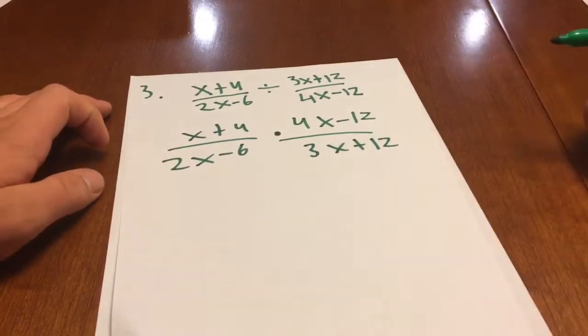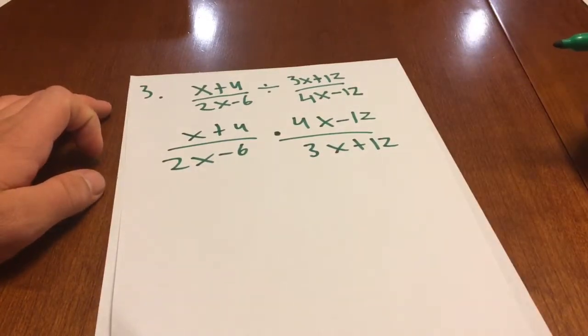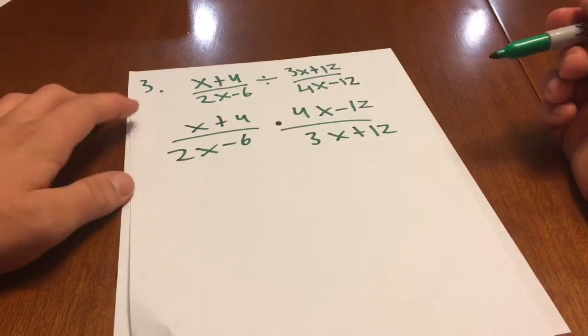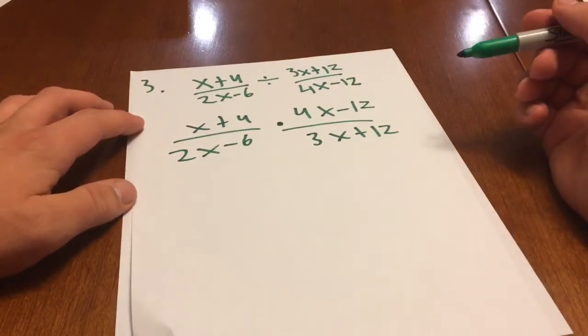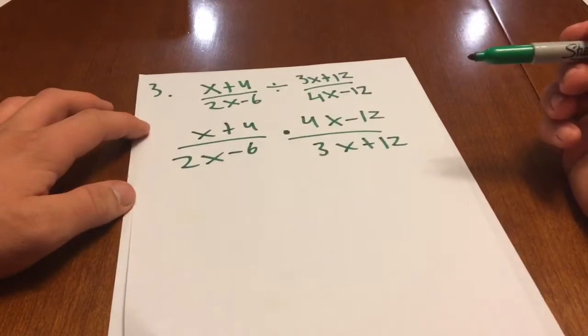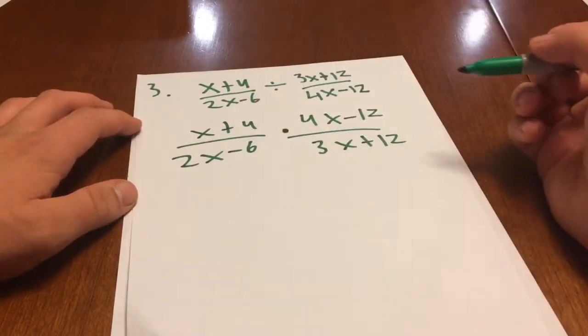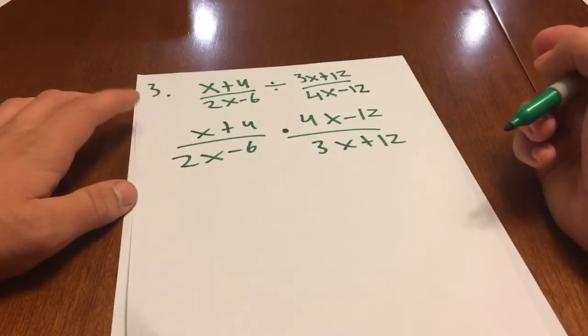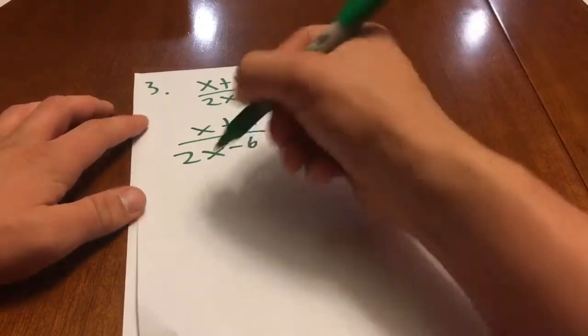So now we just do the exact same steps as we did on the first two problems. We factor everything completely. It looks like this x plus 4 is factored, but we need to find the GCF of the 2x minus 6 term, which would be 2.